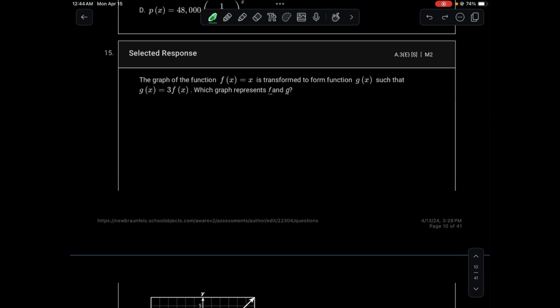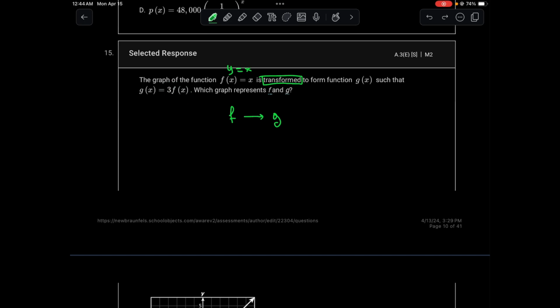So the keyword here is transformed, and we go from f to g. Now f of x is x. This is really the linear parent function, y equals x, and g is 3 times f.